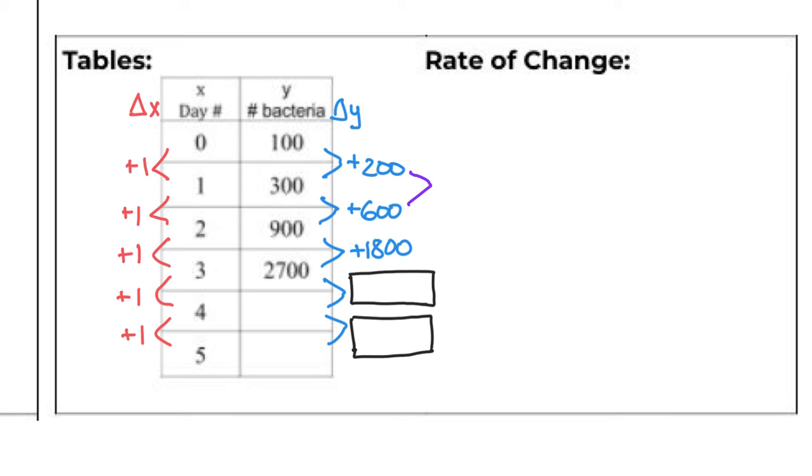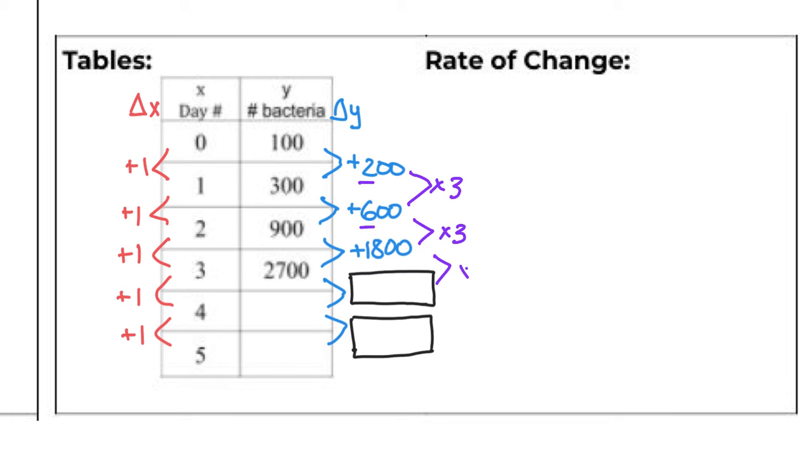200 to 600 is getting bigger, and you can think of that as just 2 to 6, or you can divide it out on your calculator. But 200 times 3 gives me 600, and we're going to check to see if that's the same. 600 times 3 also gives me 1800.